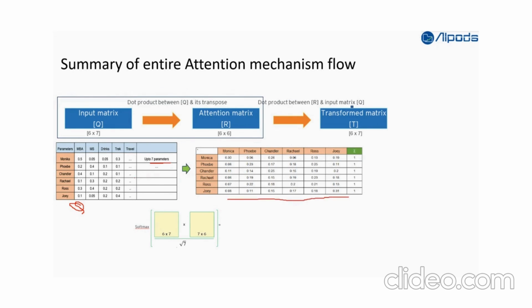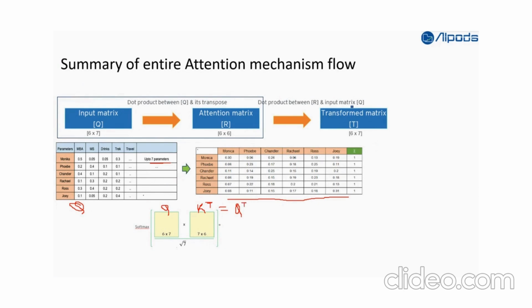So how we do this is by calculating a dot product between the query matrix and its corresponding transpose. So let's name it KT. So K is nothing but the key matrix, and KT is equivalent to query only. So KT is equivalent to QT.